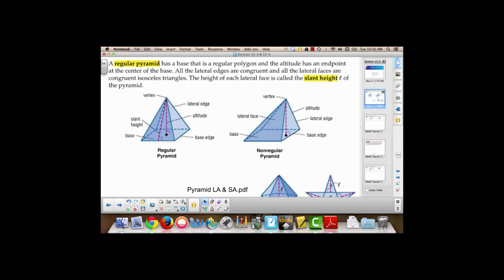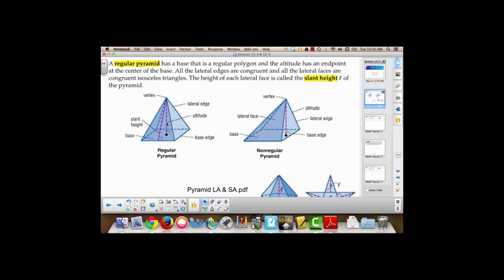And then we have the slant height, which is the height of those triangle faces, or those lateral faces. We also have lateral edges where the triangles meet. And notice that those are not the same as the height of the triangles or the height of the pyramid.